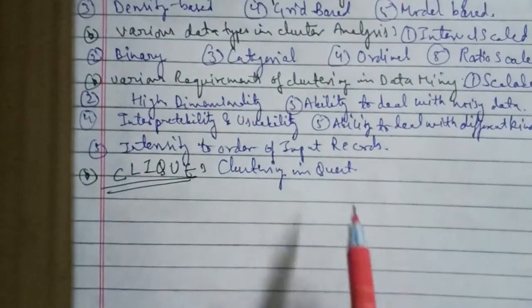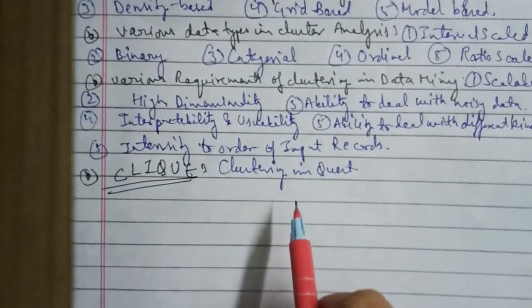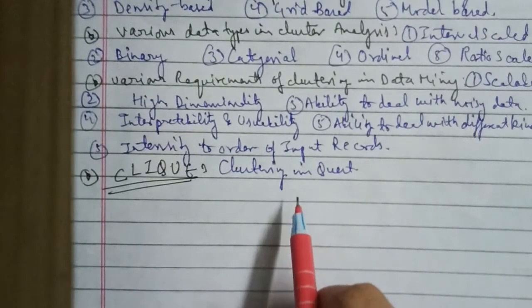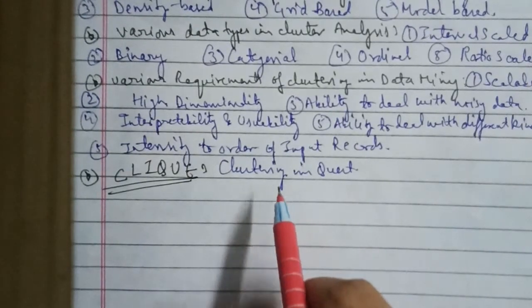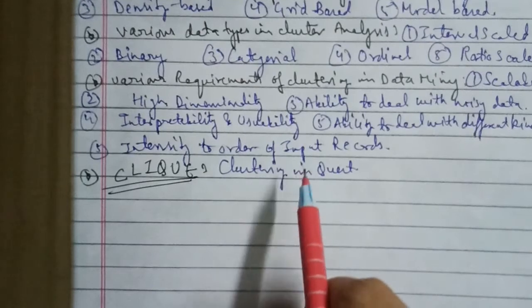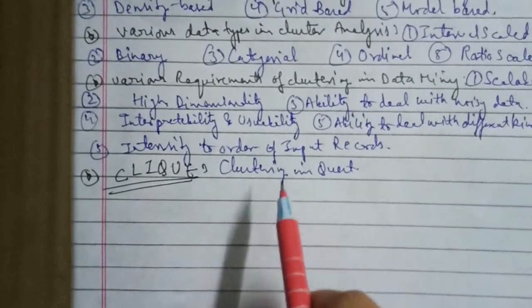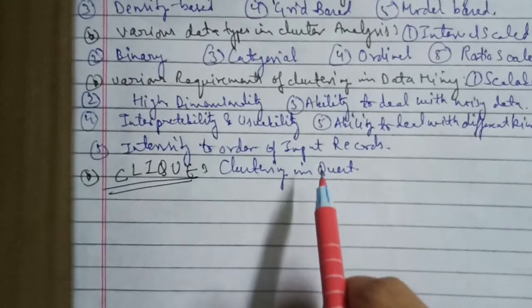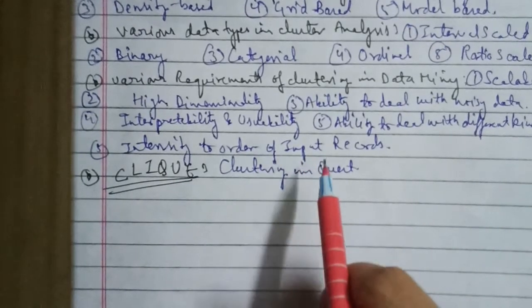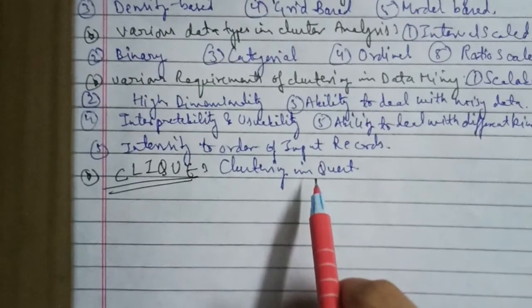It was the first algorithm proposed for dimension-growth subspace clustering in a high dimensional space. In dimension-growth subspace clustering, the clustering process starts with single dimensional subspaces and grows upward to higher dimensional ones.